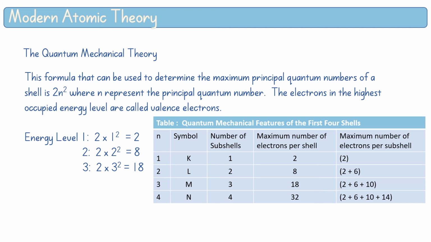Maximum number of electrons per shell is 8. 2 plus 6. 3 is M. There are 18 electrons, 2 plus 6 plus 10. And then 4 is N, 32, and so on. This can continue. As you know, we have more than 4 rows in our periodic table.